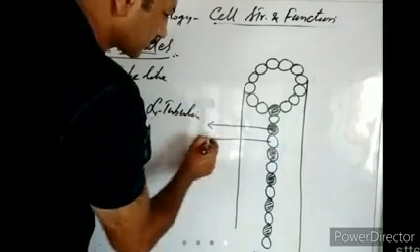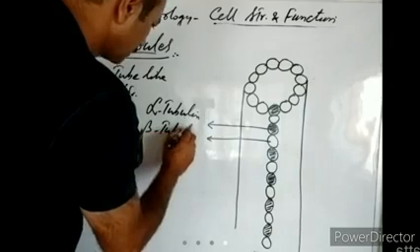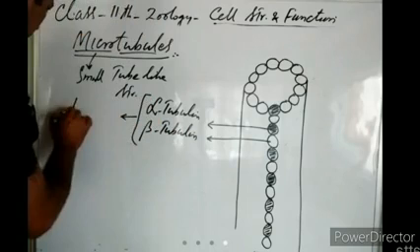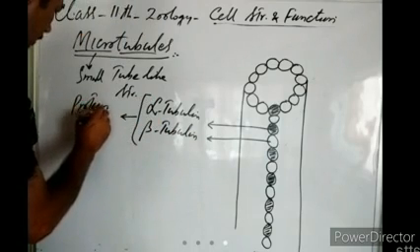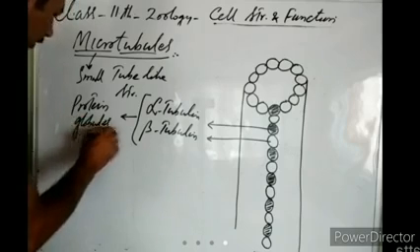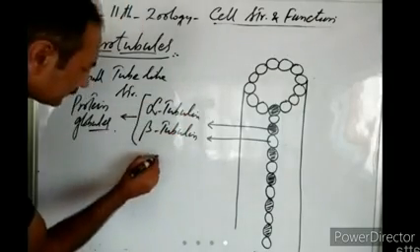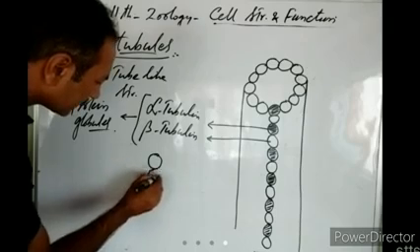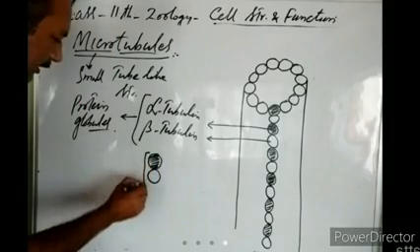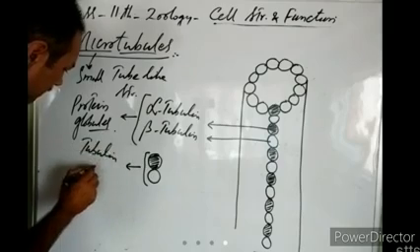These are basically protein molecules, or you can call them protein globules because they are globular in shape. So alpha tubulin and beta tubulin form a tubulin dimer. This is one tubulin dimer.